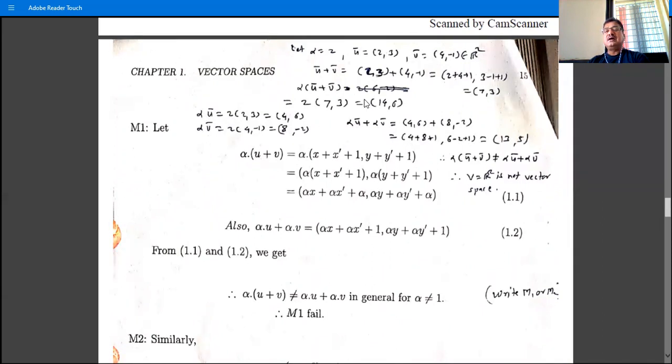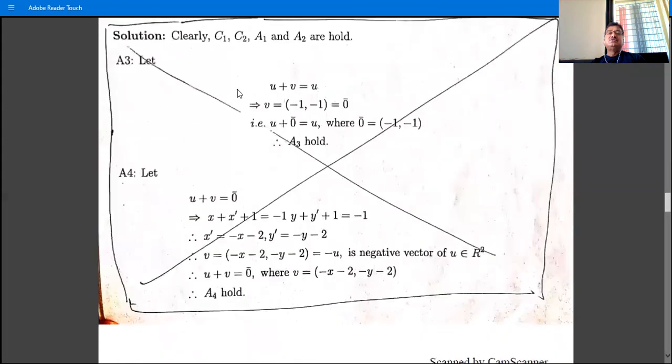So alpha (u bar plus v bar) is (14, 6), and alpha u bar plus alpha v bar is (13, 5). So alpha (u bar plus v bar) is not equal to alpha u bar plus alpha v bar. Therefore property M1 fails, and therefore V equal to R2 is not a vector space under these two operations.